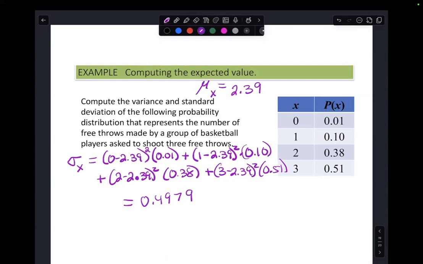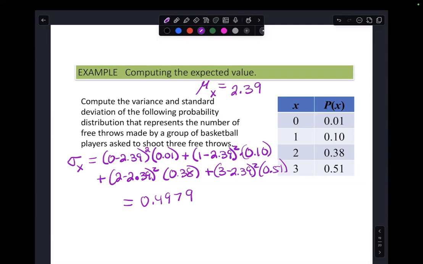So the standard deviation in this case means basically the same thing as when we were using the empirical rule before. 68% of my trials will be within one standard deviation.